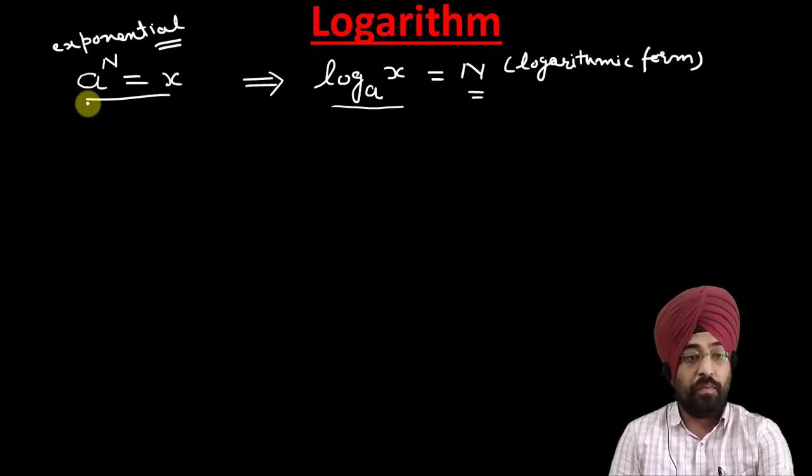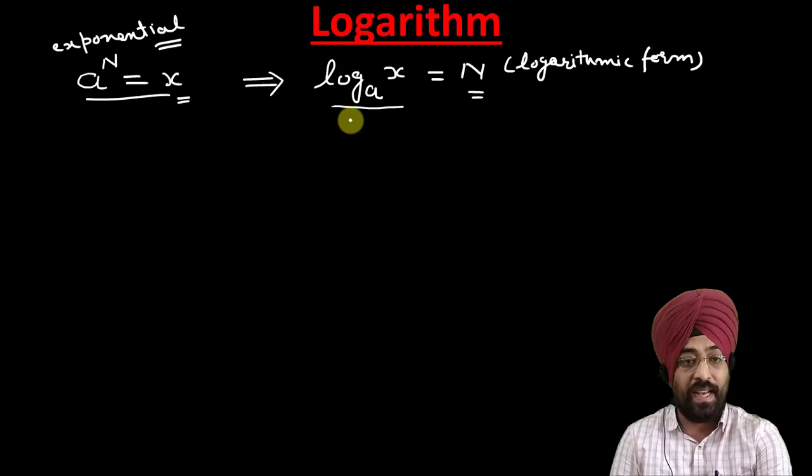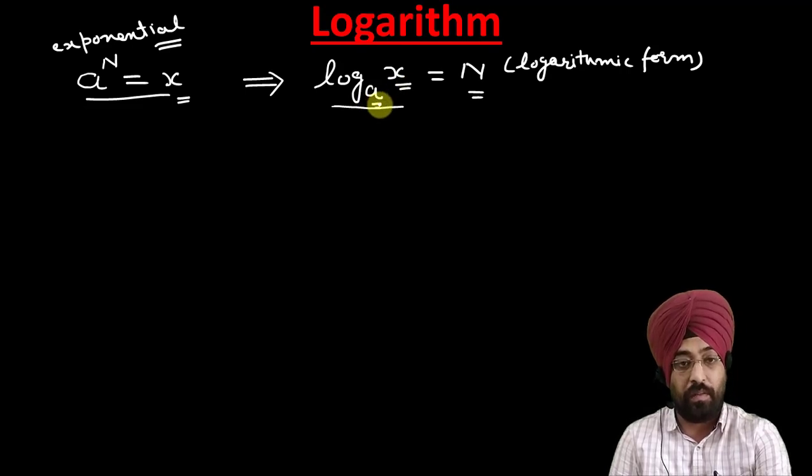So suppose we have an exponential relation where a raised to the power n is equal to x, then we define log. We define log of any number x with base a. This which is written in subscript is called the base. So log of any number x with base a is equal to n.